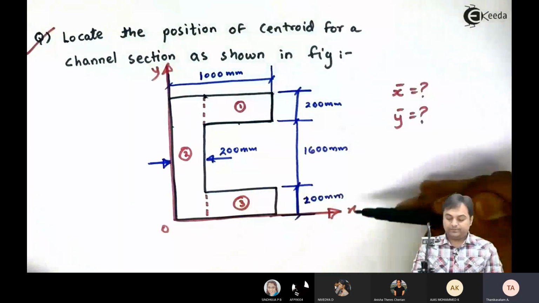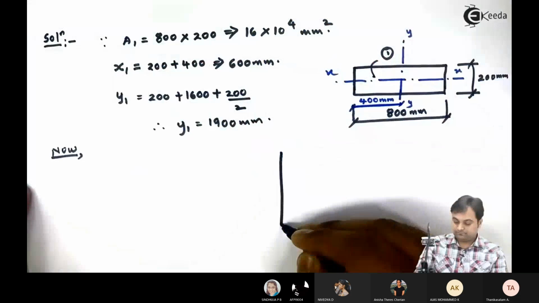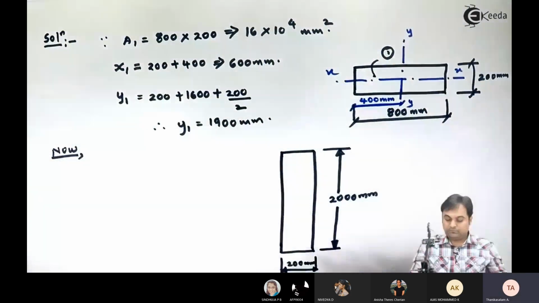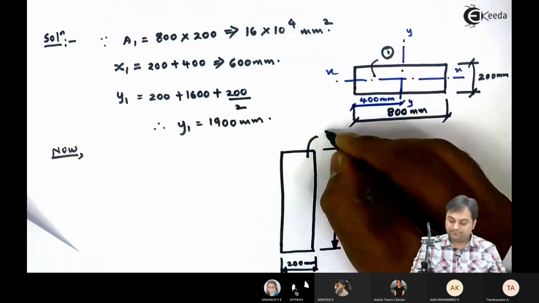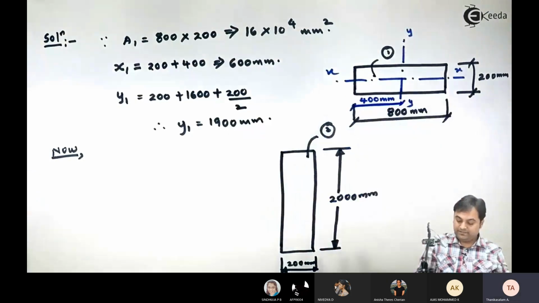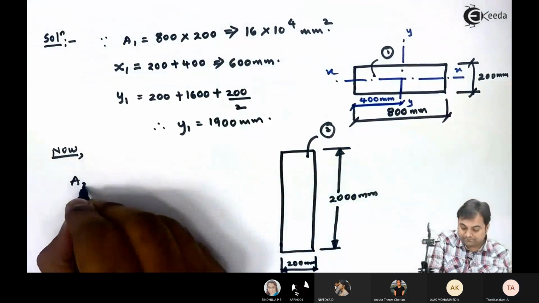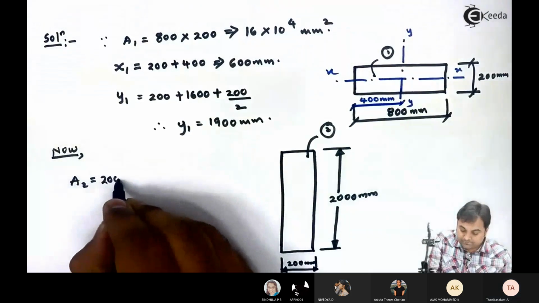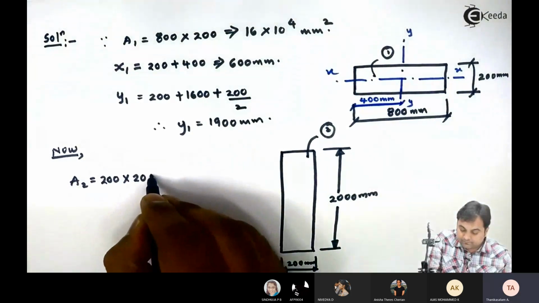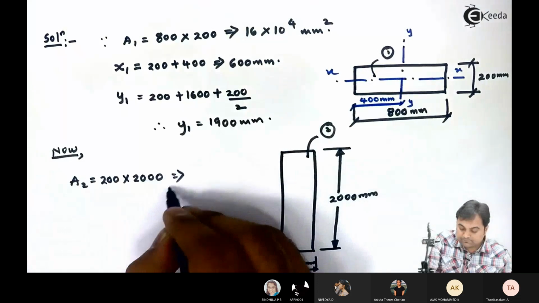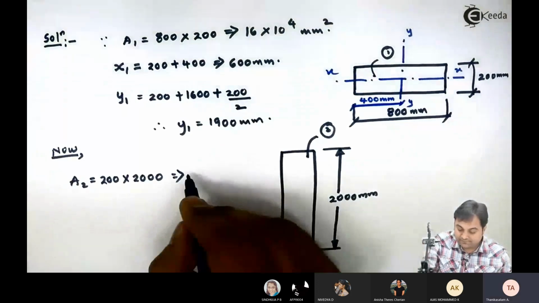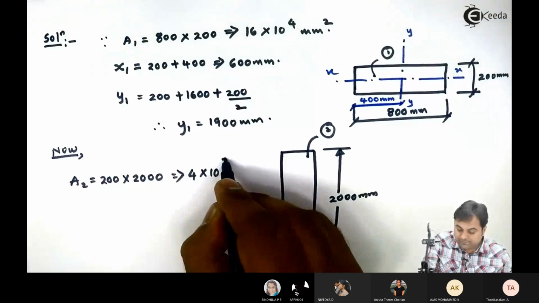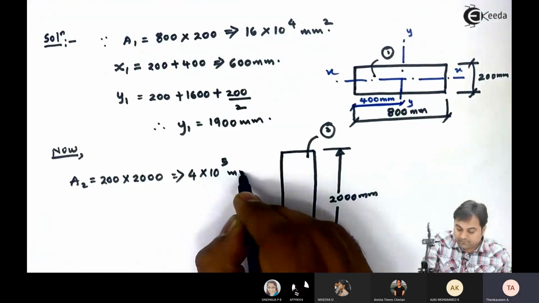So it is 200 by 2000. This is the second rectangle. Its area will be 200 into 2000, which gives me 4 into 10 raised to 5 mm².